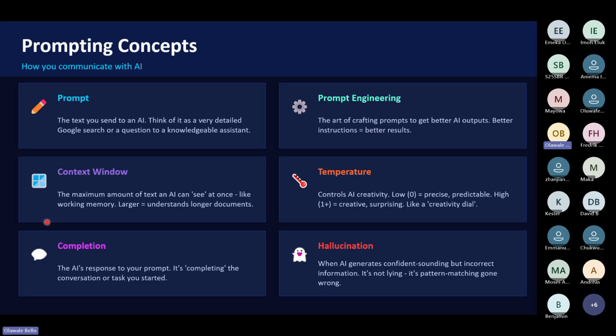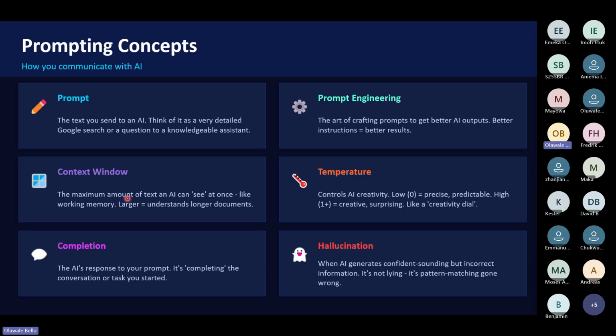And the context window, on the other hand, is the amount of text that AI can see at once. When we are chatting with ChatGPT, the amount of text the AI can see at once is like short-term memory for AI, because AI normally cannot remember what we discussed before.